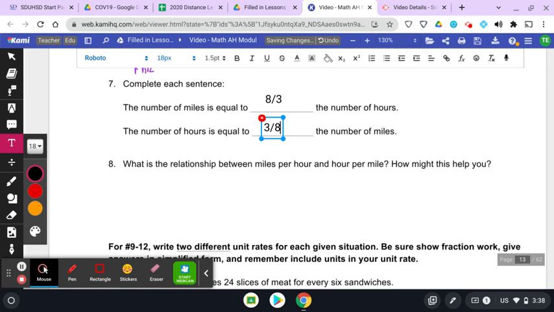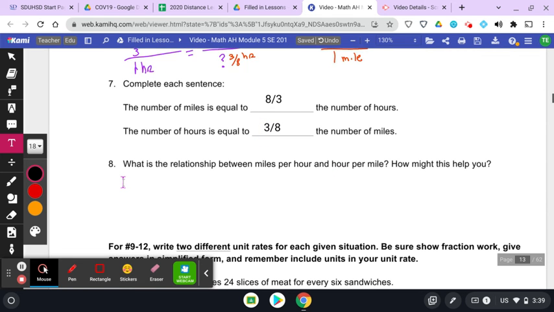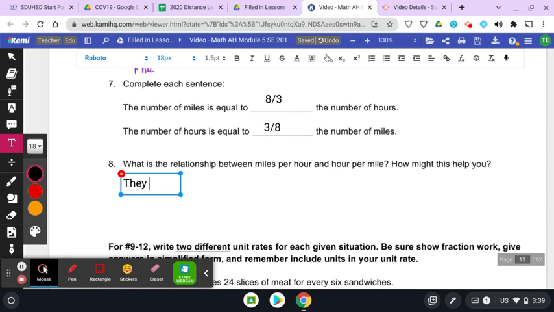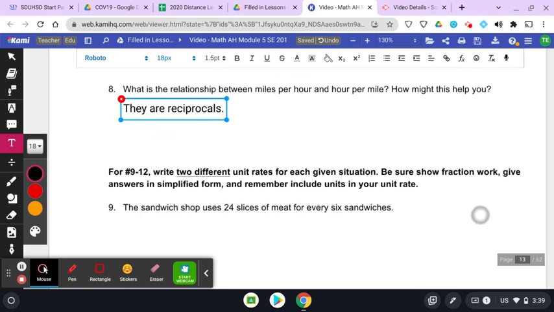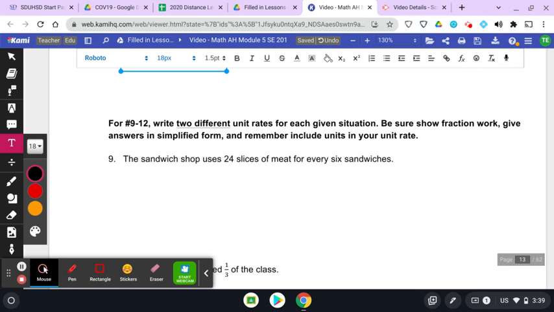What is the relationship between the miles per hour and the hours per mile? They are reciprocal, so if you know one, you can just flip it over. Write 2 different unit rates. They're 2 different unit rates because you can put the different units on the bottom.